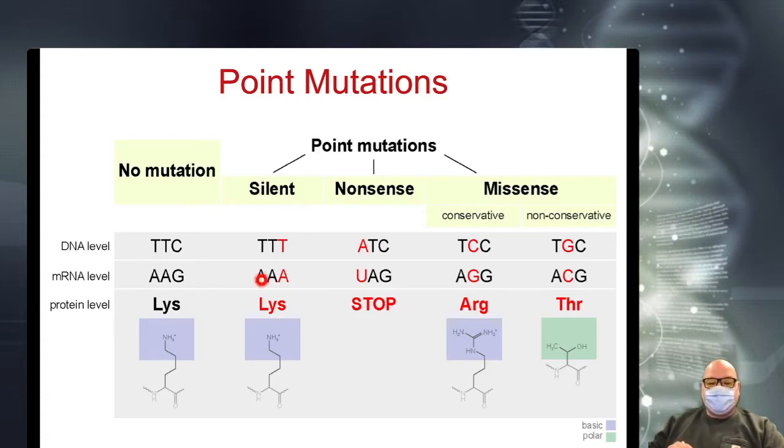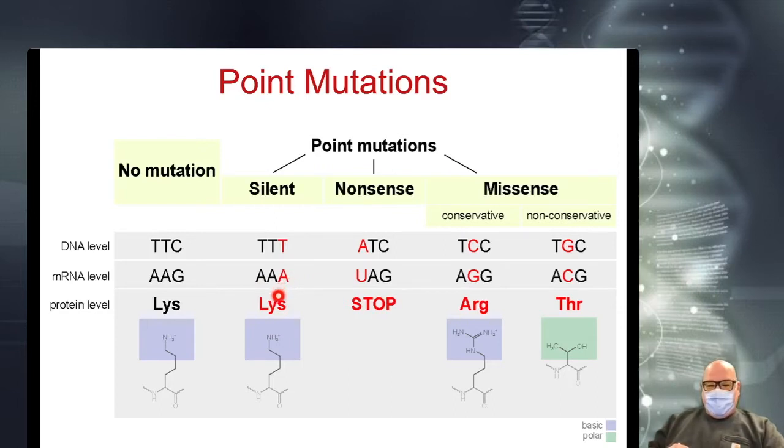So this right here is a silent mutation because it's the same amino acid and the protein's going to be exactly the same. There's more than one way to code for lysine, and this just happened to be a silent mutation because both AAG and AAA code for lysine.